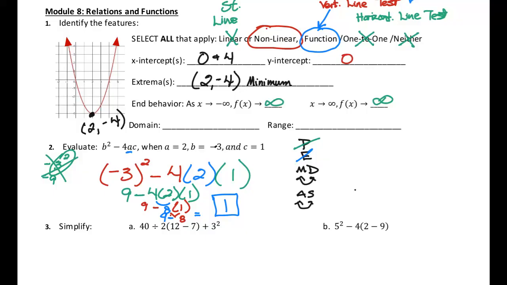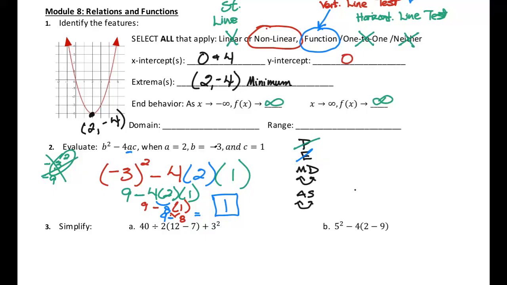So that is positive infinity. As my x gets larger and larger and approaches positive infinity, if you cover this up, what is it going to? It too is going to positive infinity. So it is up and up.